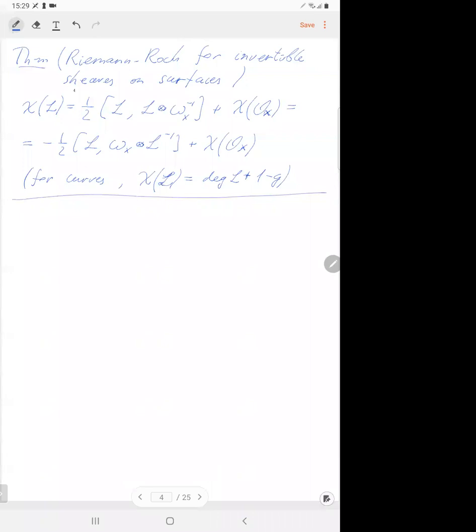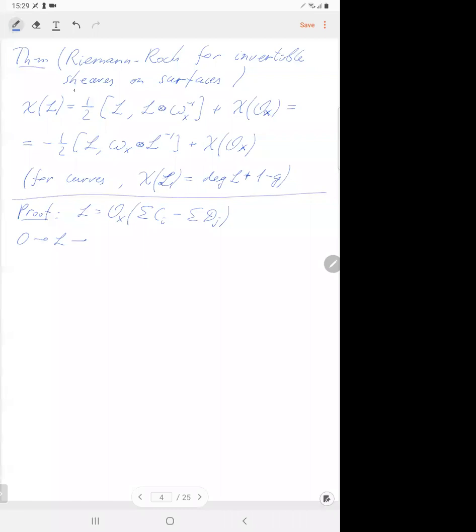So, again, we write L as OX of the sum of CI's minus the sum of DJ's. And again, we consider exact sequences.